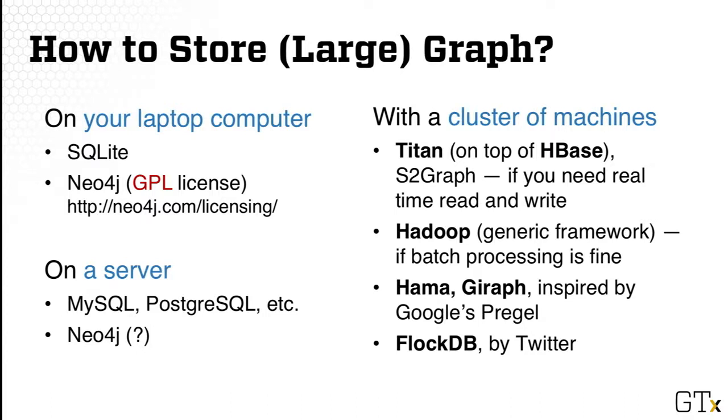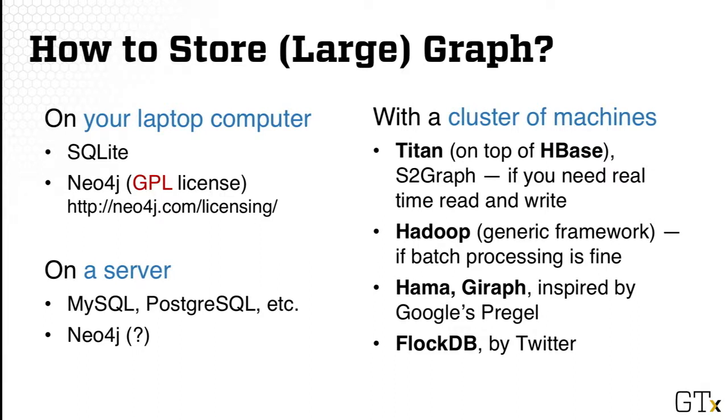And if your graph exceeds the space of a single machine, then you will need to use a cluster of machines. And there are also multiple ways. For example, if you need real-time read and write of graphs, nodes and edges, then you may want to consider Titan, which is built on top of HBase, or the alternative S2Graph. And if batch processing is fine, meaning you don't need real-time read and write, then you can use traditional Hadoop.